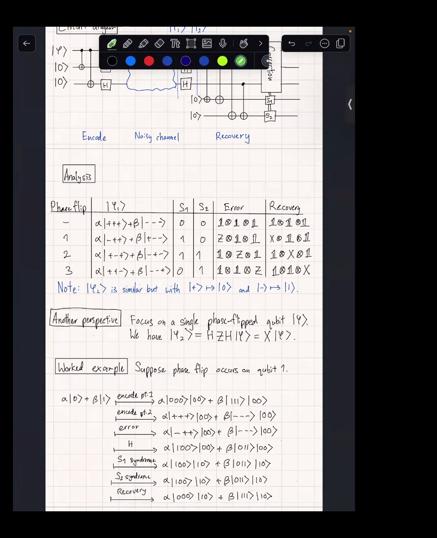After sending it through the noisy channel, we end up with this state where the first qubit gets phase flipped. Recall that when a phase flip happens, plus gets mapped to minus and vice versa. So that means that here, plus gets mapped to minus and minus gets mapped to plus.